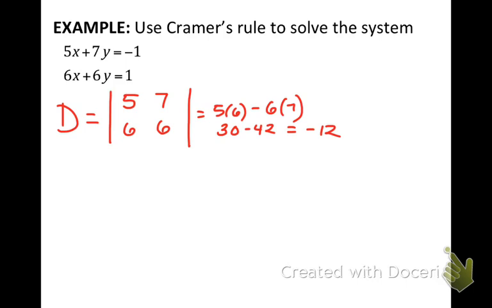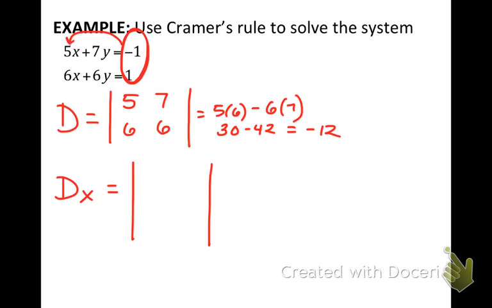If it was 0, if we think about d sub x divided by d, you can never divide anything by 0, so that doesn't work. All right, now let's do our d sub x. What's my matrix going to look like for d sub x? So remember, for d sub x, we put our constants or our answers in place of the coefficients of the x.